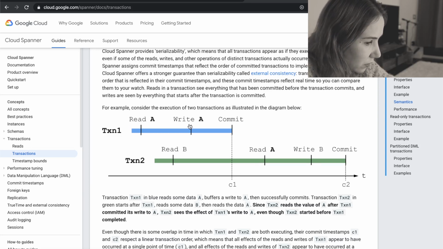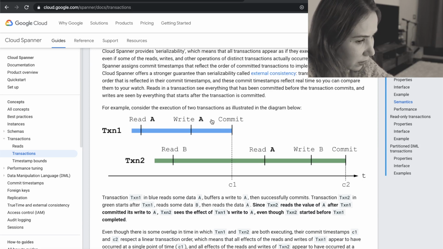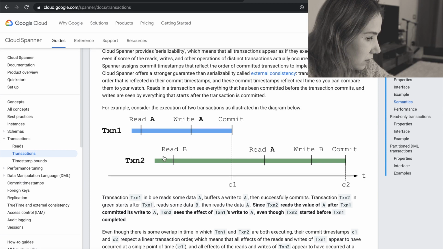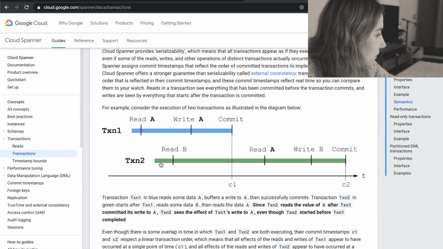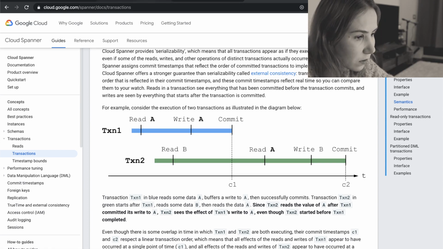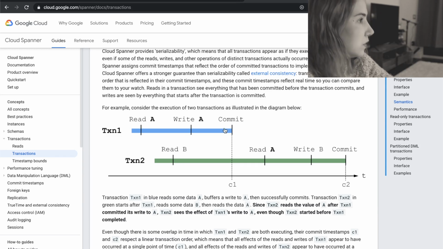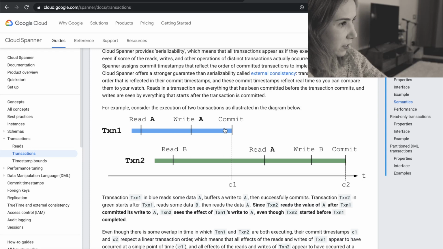You can still start running this and run this as well, and this is not going to fail. It's going to be able to commit because read A is coming after transaction 1's commit. If this external consistency was not satisfied, then this would have failed. So that is the cool thing, that you can do this in a geo-replicated way.